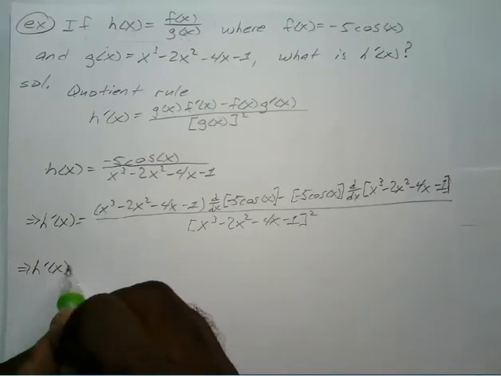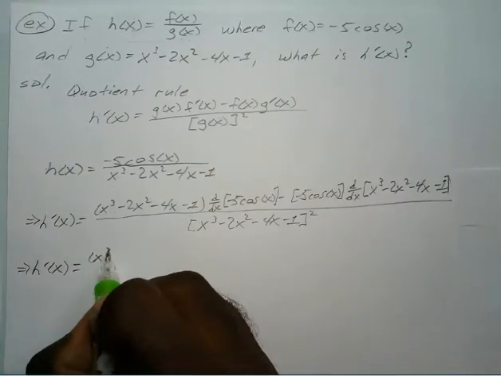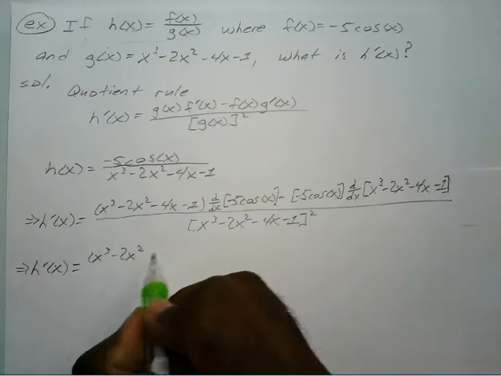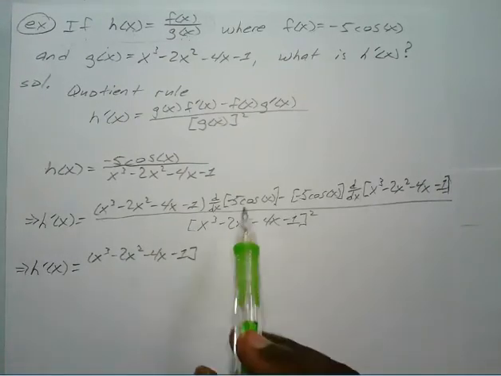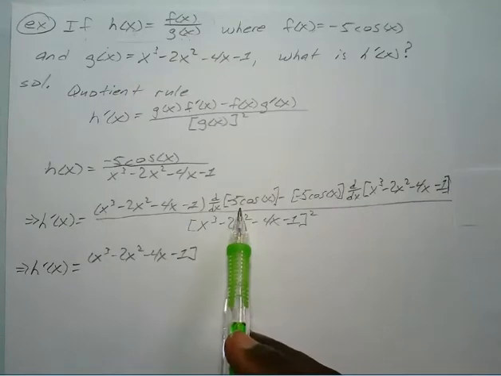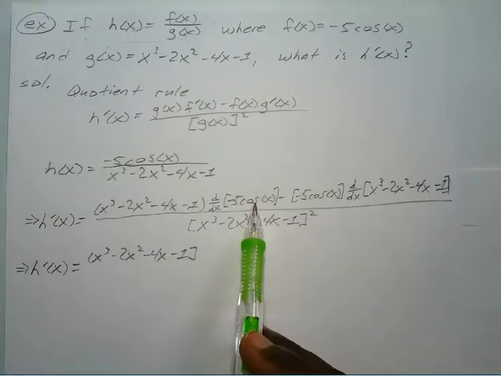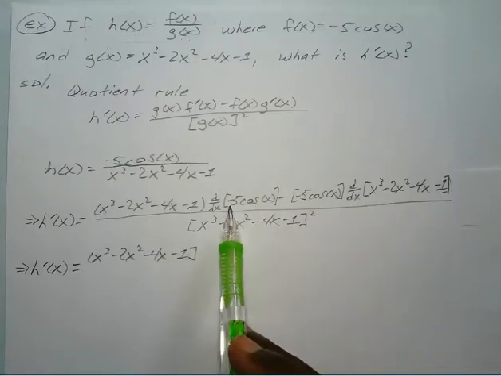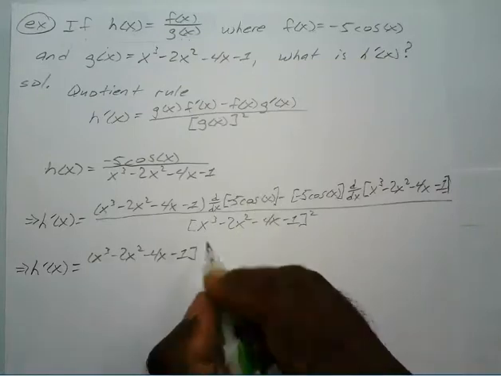So your h prime of x is equal to, you have x to the third minus 2x squared minus 4x minus 1 times the derivative of negative 5 cosine of x. The derivative of cosine is negative sine. So you have negative 5 times negative sine will end up being a positive 5 sine.